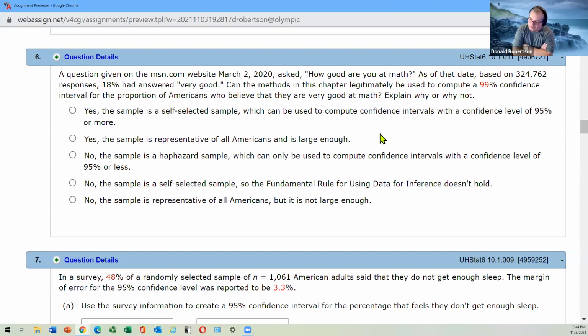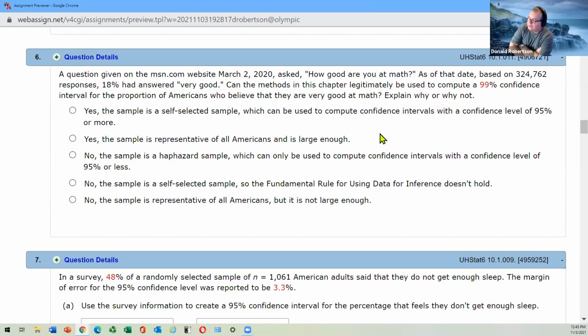What is wrong with that sample? Don't even need to look at the list. We'll look at the list in a minute. What's wrong with having a questionnaire in MSN.com? It's a very special problem.